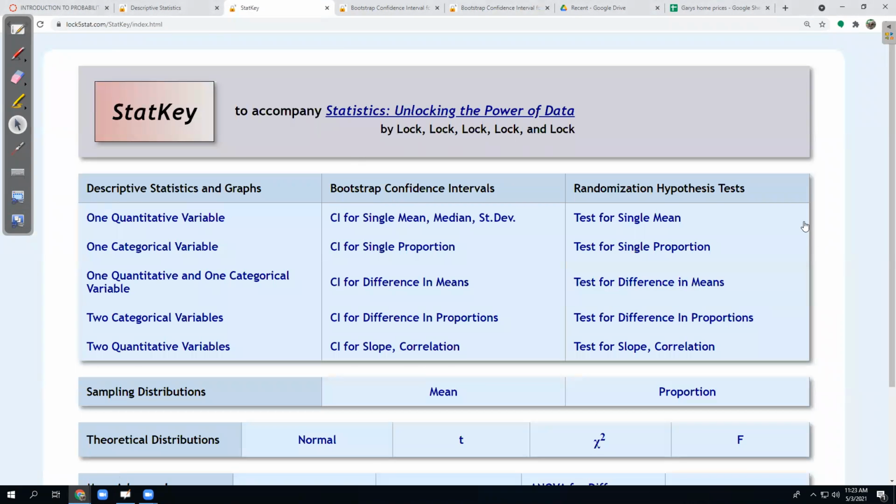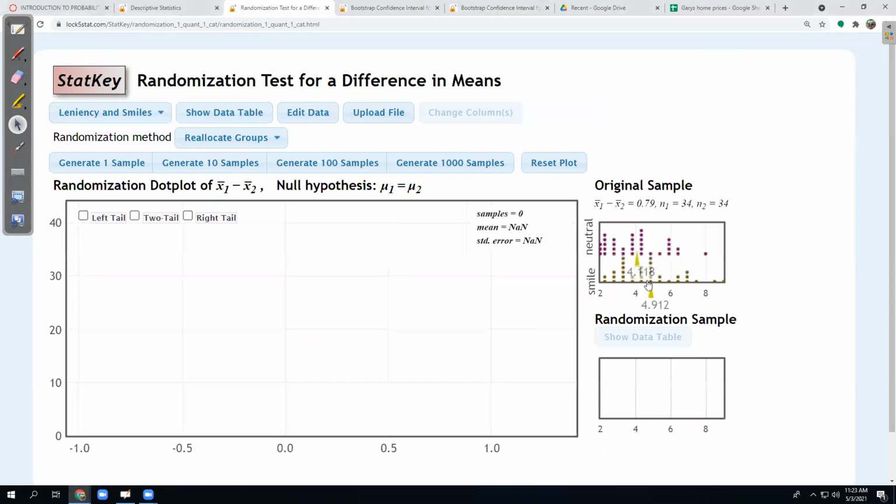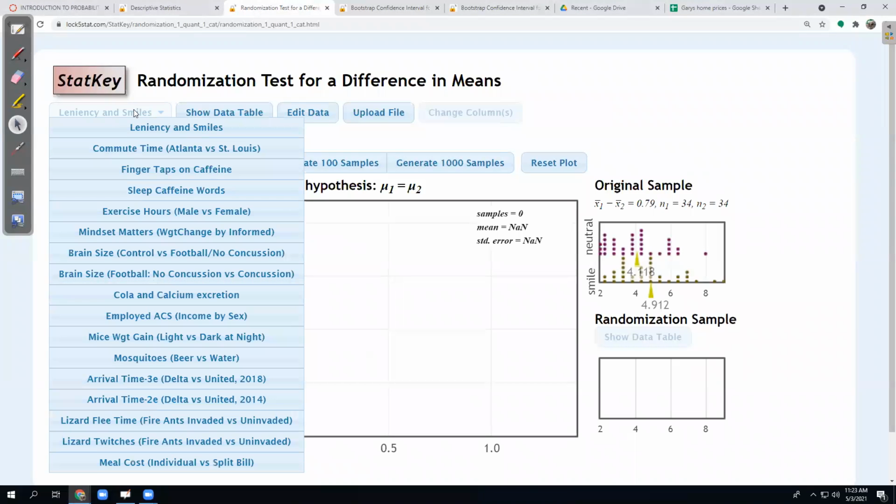And I got it by going to randomization test for a difference in means. This is the first example in the book. They take a look at it in the first few sections. When I first get to this page, it talks about leniency and smiles. I'll talk about that study later. I want mice weight gain. So we got to switch data sets here.